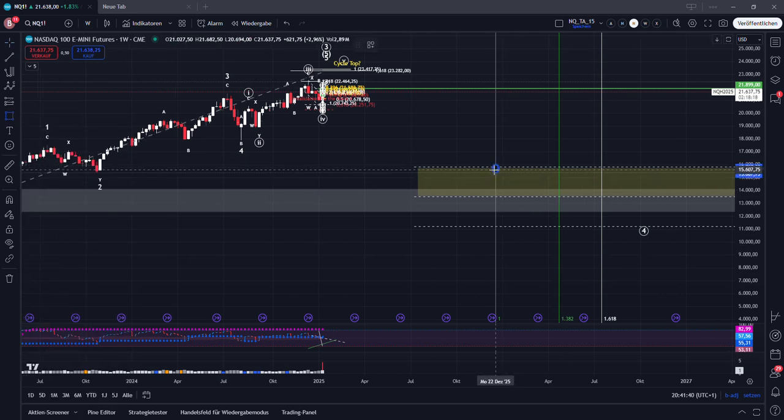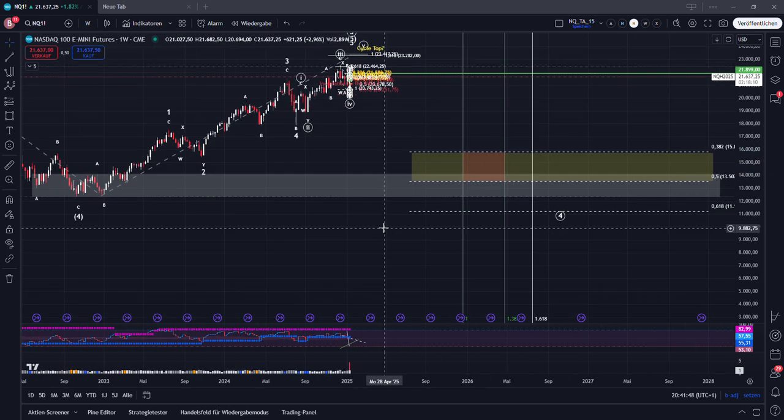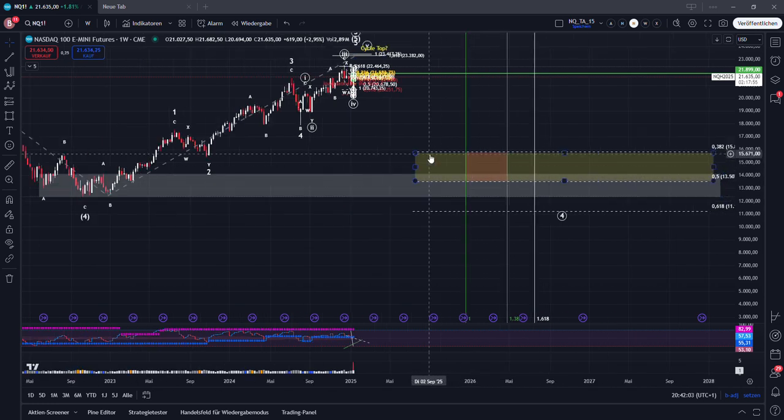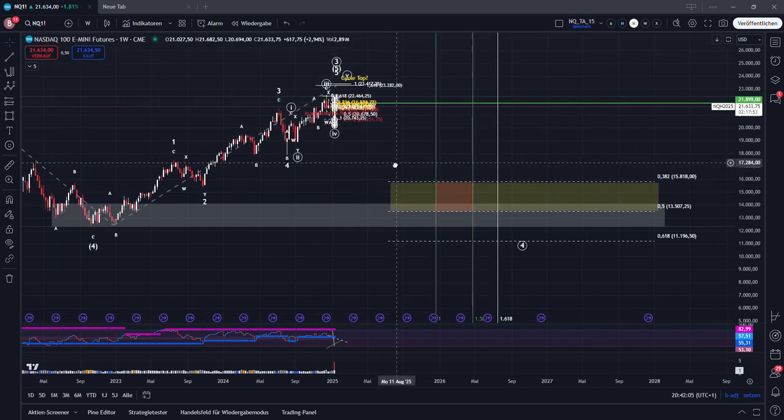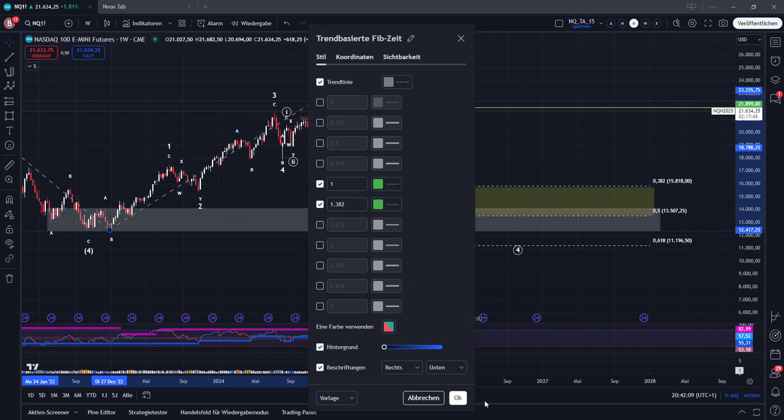I make another window here. I make it in a red color so we know what we are talking about. So it would be finishing, under these actual circumstances, between the 22nd of December till the 27th of April 26. So this is the time window for normal circumstances. And I'm going to remove all of this because we don't need that.